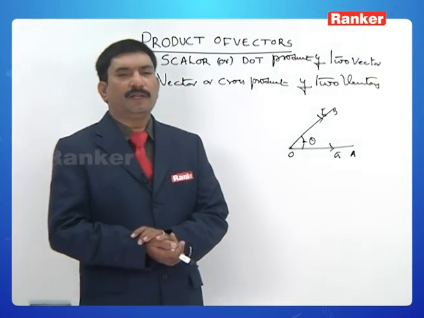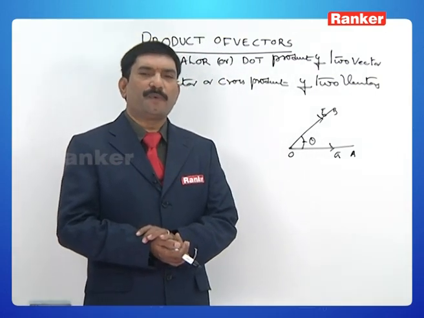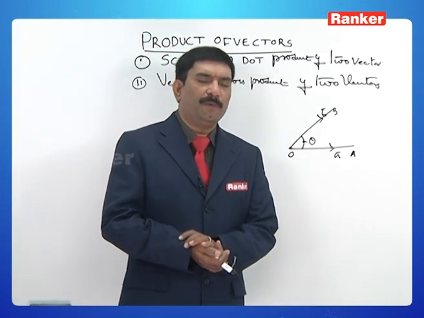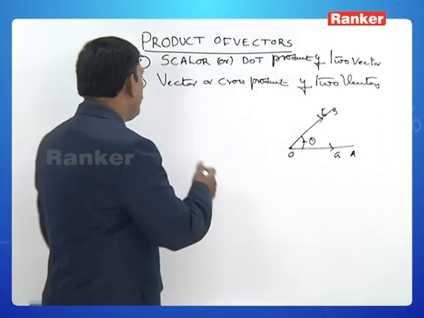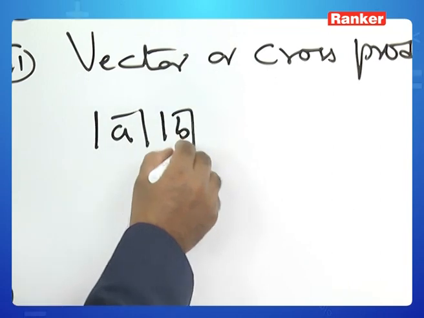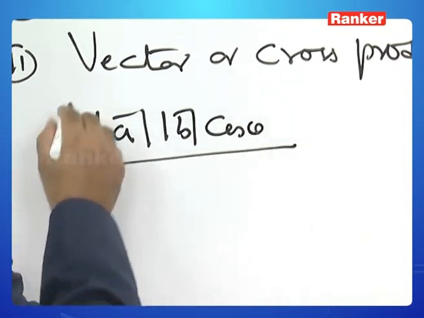Then the dot or scalar product of any two vectors, A bar and B bar, is defined as mod A into mod B into cos theta.